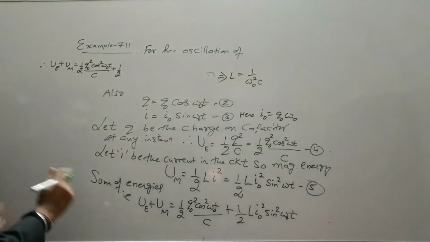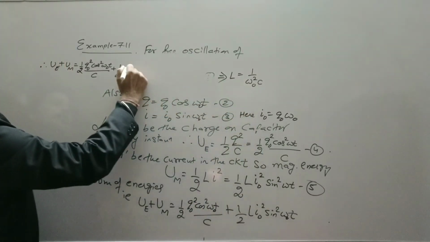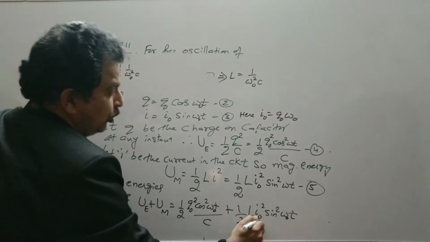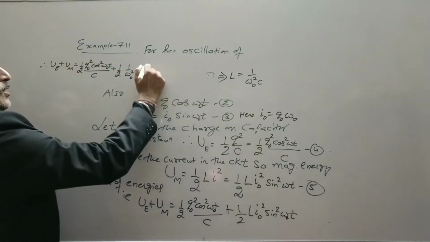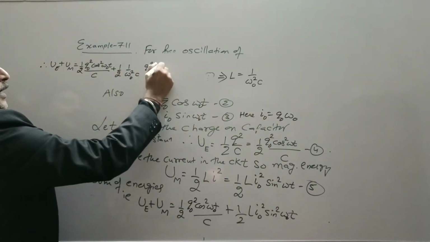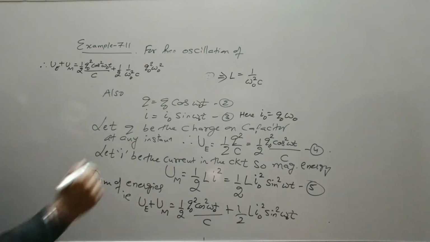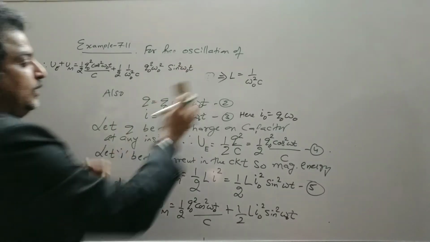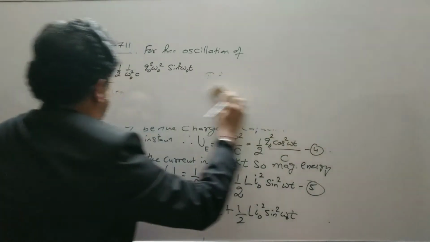So the value of L, that is 1 upon omega naught square C, I naught square means Q naught square omega naught square, sine square omega naught t. So we substitute these values.